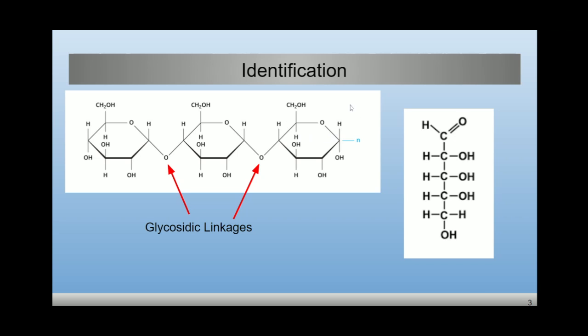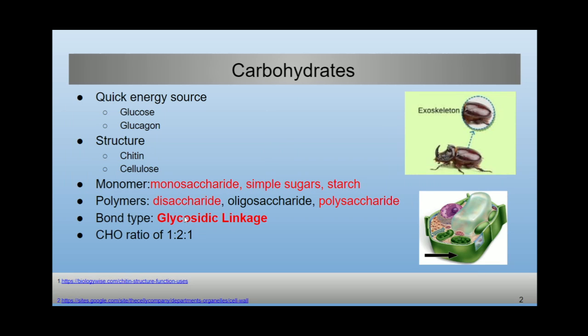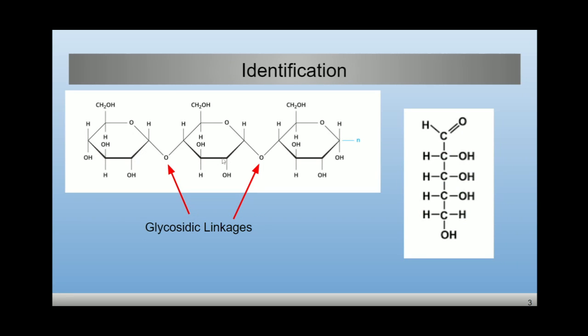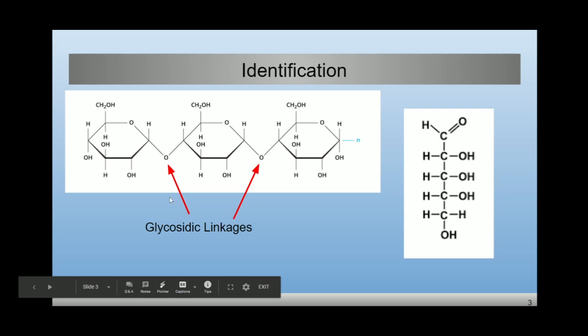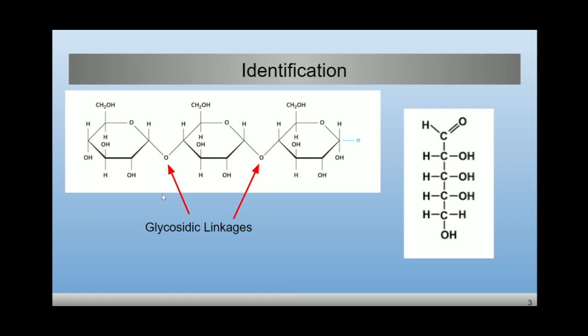So right now, this entire compound would be called, based on the previous distinction here, either an oligosaccharide or a polysaccharide. You can't call them a disaccharide because they contain more than two sugars, more than two monomers. Now, a quick note about the glycosidic linkages, and there will be a video specifically on this.